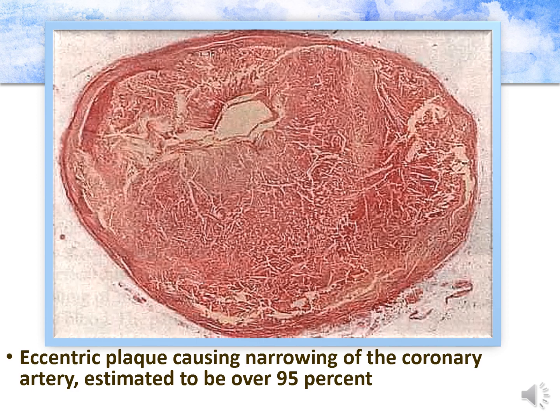Here you see the eccentric plaque causing narrowing of the coronary artery, estimated to be over 95% of the lumen. It means that there is just a tiny lumen used by blood supply, and therefore we have the symptoms of ischemia in the myocardium.